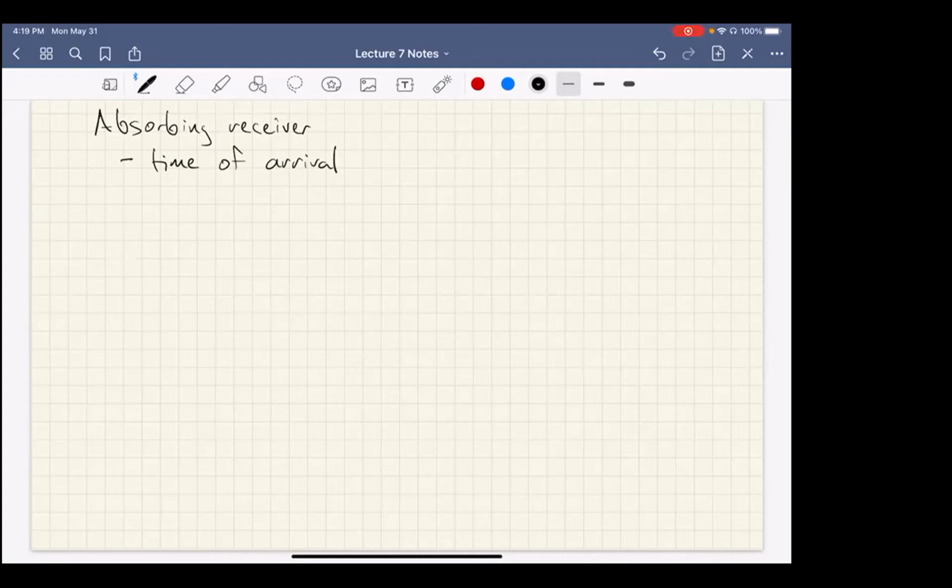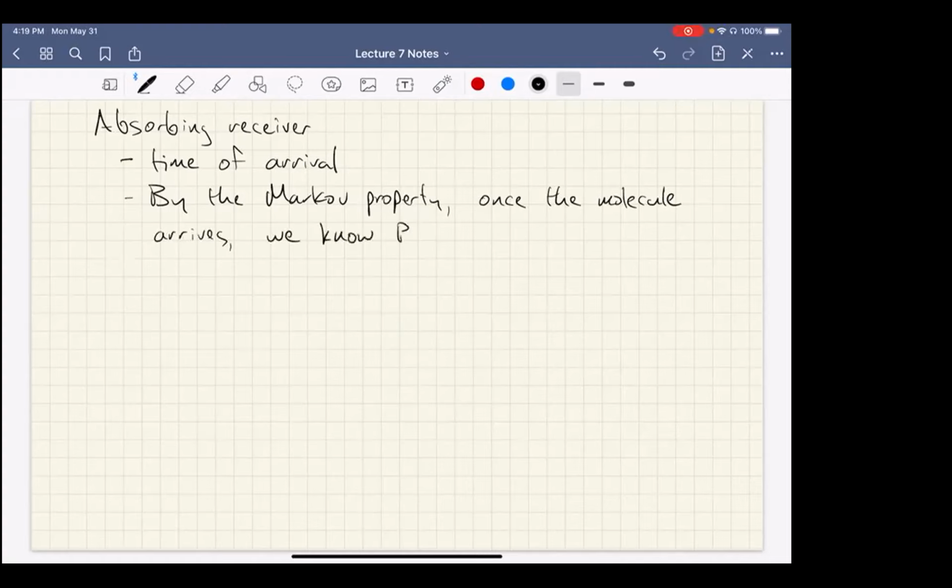So once it has arrived, bearing in mind the Markov property, once the molecule arrives, we know B of t.